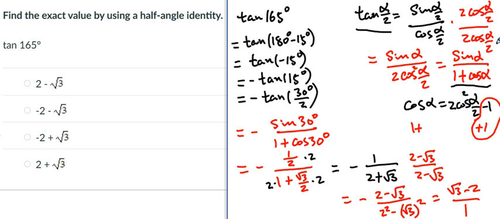Downstairs is 2 times cosine alpha over 2 squared. And here we applied the double angle formula for this. 2 cosine alpha over 2 squared is 1 plus cosine alpha. You put right here. That's tangent alpha over 2 equals this one.